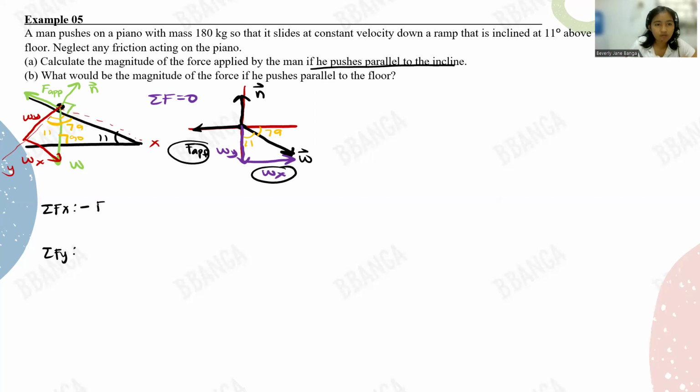So, you have negative F applied plus positive Wx is equal to 0. Kasi non-accelerating. And then, yung Fy naman natin is normal and Wy. So, you have normal plus negative Wy is equal to 0. Now, ang hinahanap natin is magnitude of the force applied. So, hindi ko napapakialaman tong si y. Dito na lang ako magpo-focus kay x.